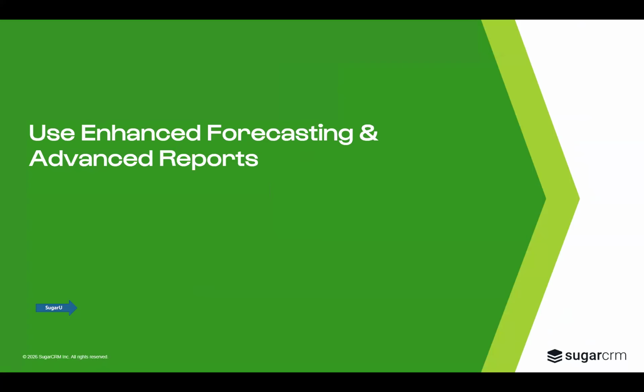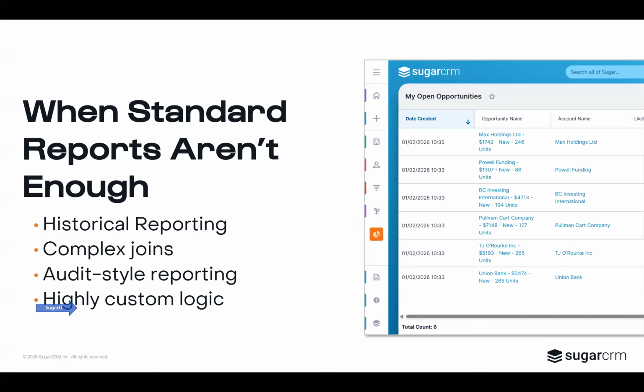Enhanced forecasting and advanced reports. Okay, so what we were talking about is just the standard out of the box reports. There is the ability to do other types of reports. So when are the standard reports not enough for you? If you need to do a report that has historical information, right now there's not a way to say, as of this date, I want to create this particular information.